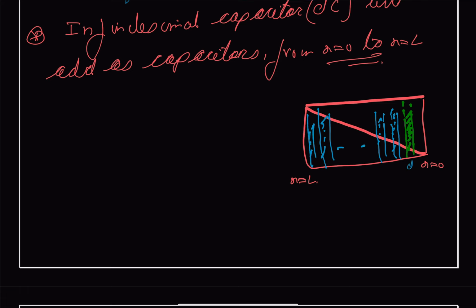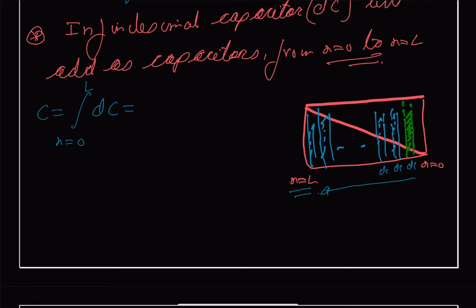So this is our DC, DC, DC, added from x equal to 0 up till x equal to L. Therefore our net capacitance C will be equal to the integration from x equal to 0 to L of DC.